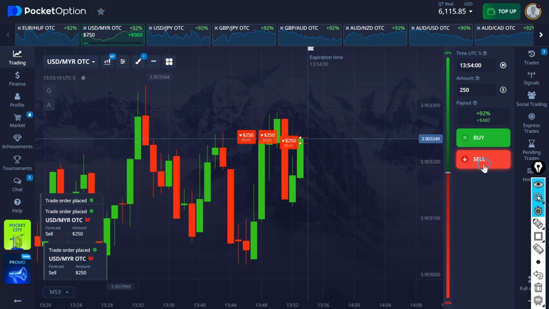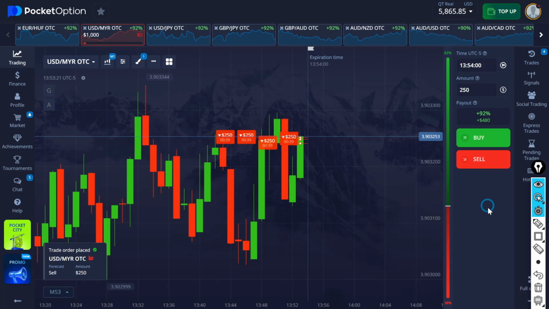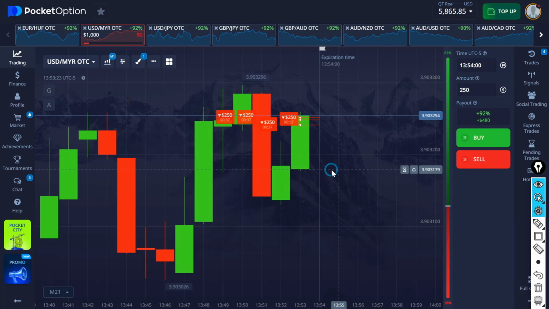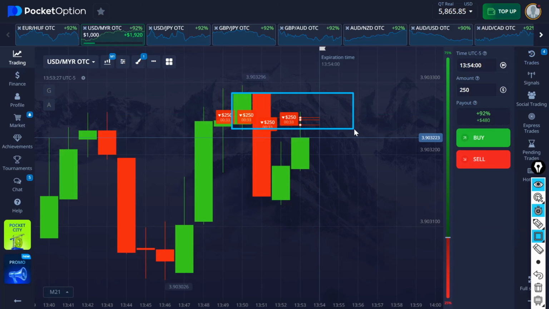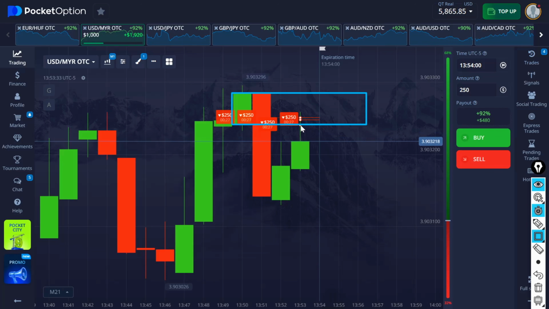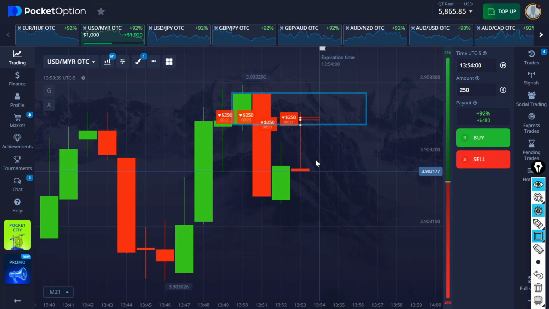See that? My trade opened very late, guys. I don't like this. I pressed the button for my trade to be opened a long time ago, and I think that's the reason why I had a slightly bad entry right there, but it's okay. I want to talk about something, guys.